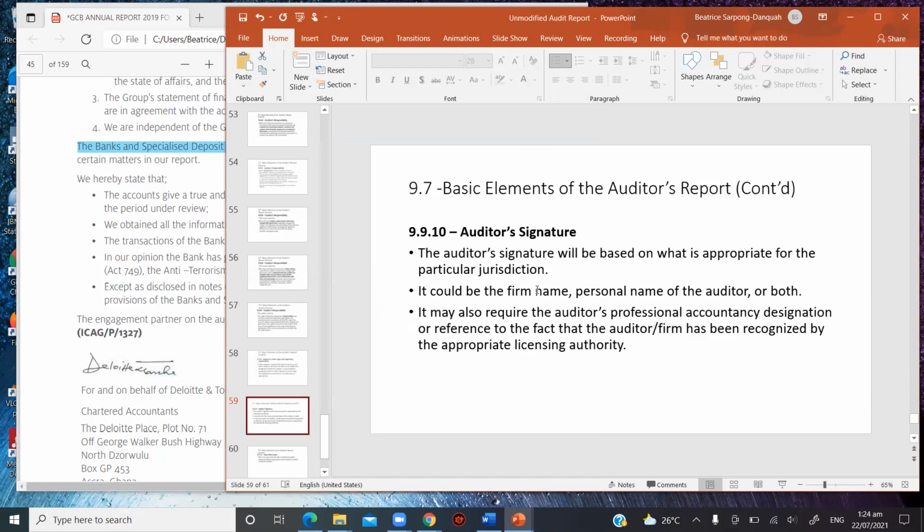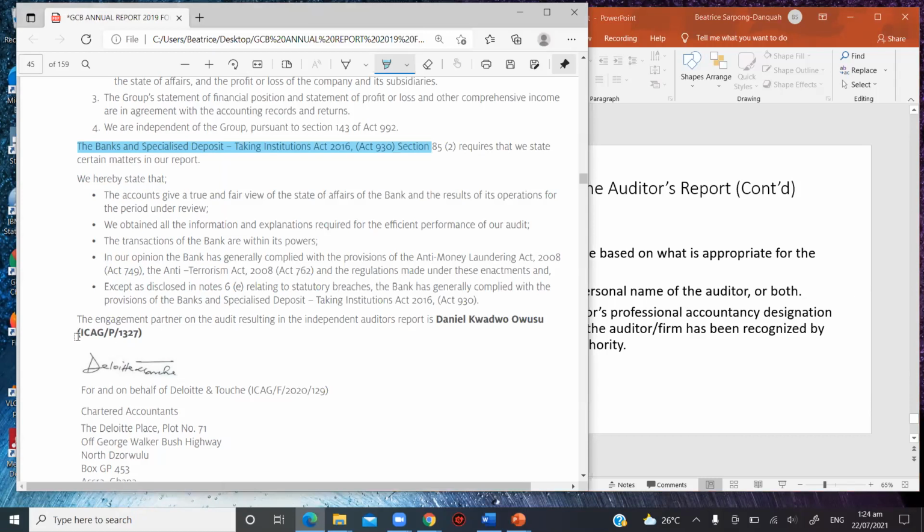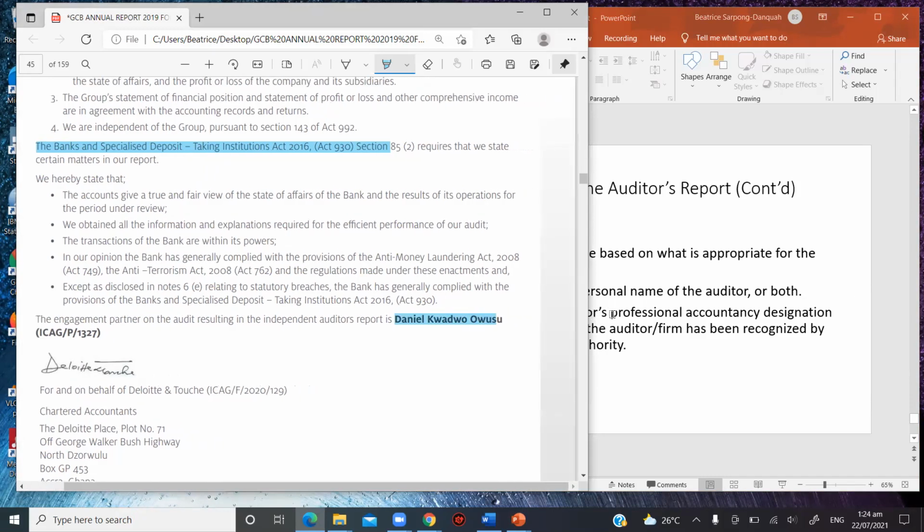It could be the firm name, the personal name of the auditor, or both. So this is the signature. The engagement partner of the audit resulting in the independent auditor's report is Daniel Kwejo. So that's the partner's name. And this is also the firm name, Deloitte & Touche.